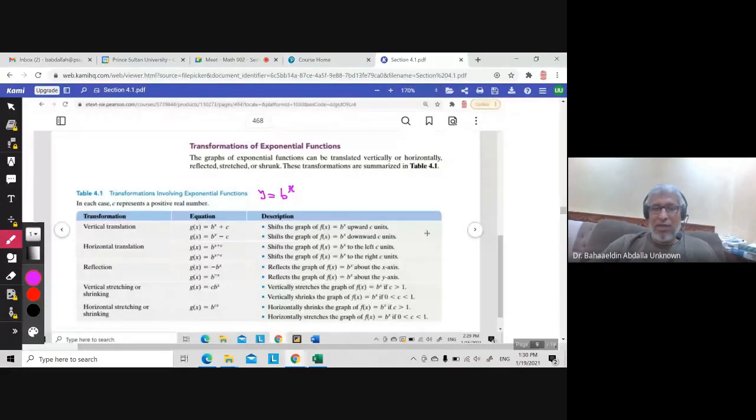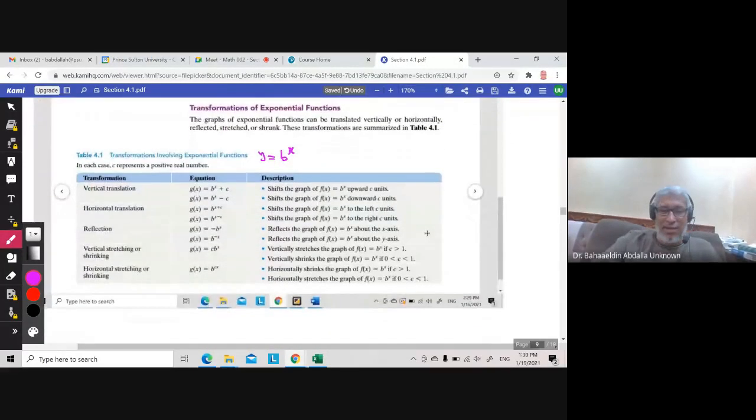What are the transformations? If you add plus c or minus c here, you are changing y. When you change y, this is a vertical translation. So plus 3, for example, we shift the graph 3 units upward. Plus c is upward.